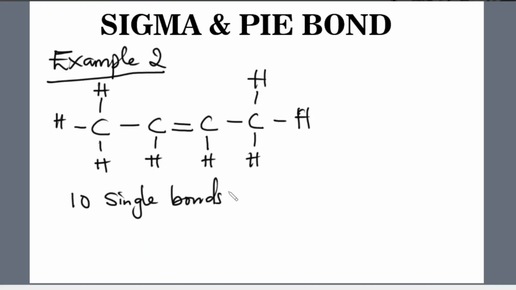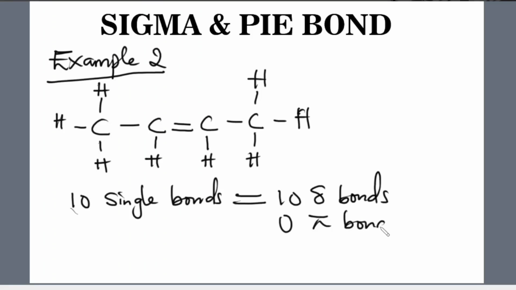And in one single bond, there is one sigma bond and there is no pi bond. So since we have 10 single bonds, that means we have 10 sigma bonds and 0 pi bonds.